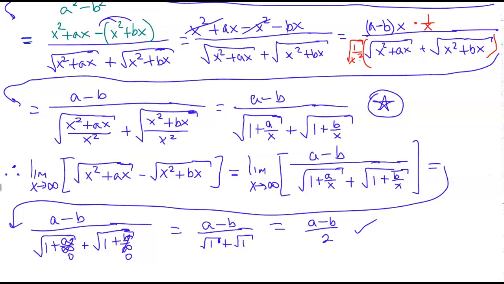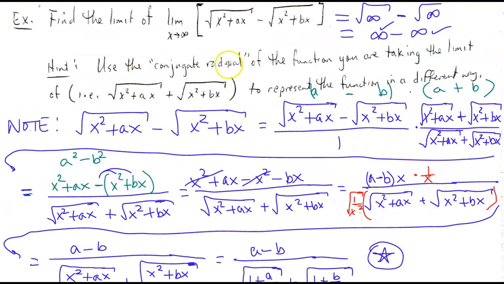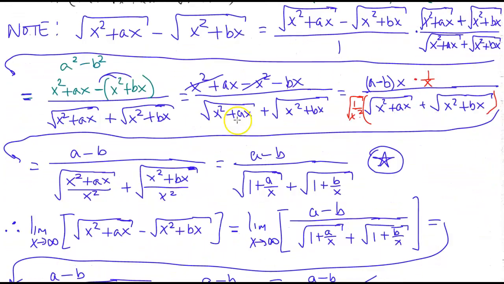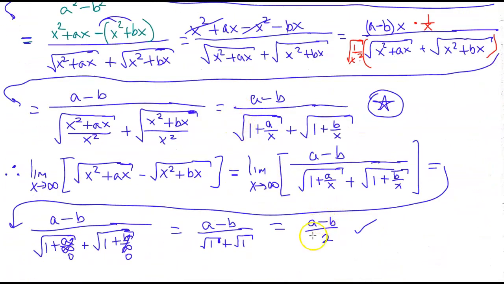And what this is communicating to us, so if we go back to the beginning here, what we wanted to know is what is the behavior of this particular function as x approaches infinity? Or put another way, what is the end behavior of this particular function here? And so we see that after going through this whole process, what we end up getting is some real number here.